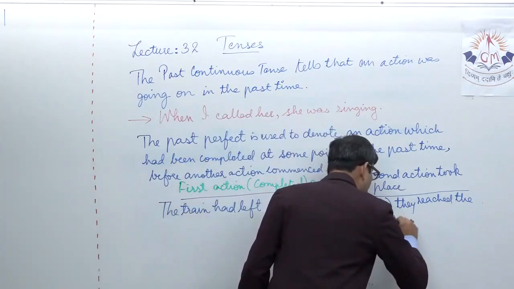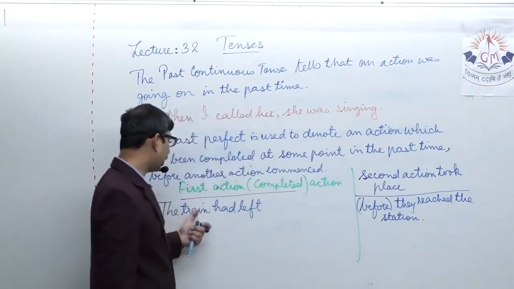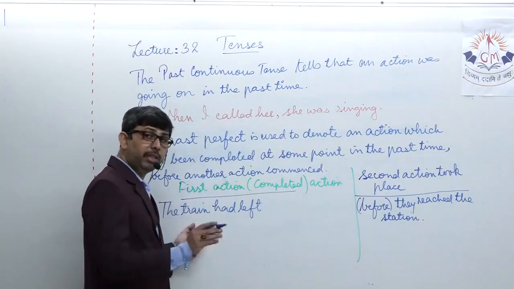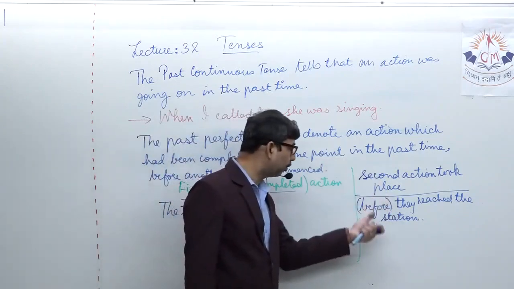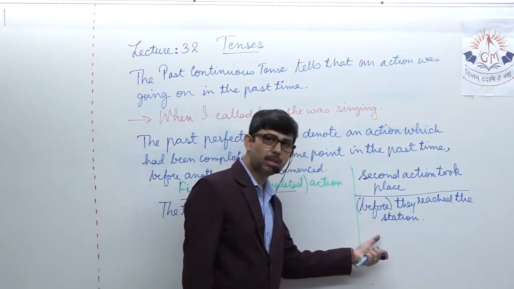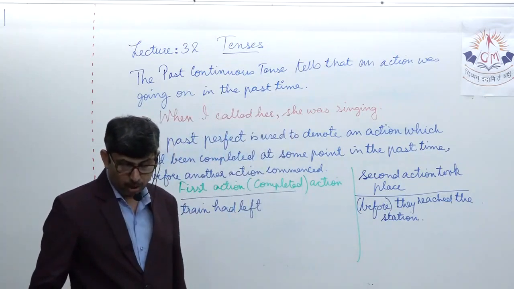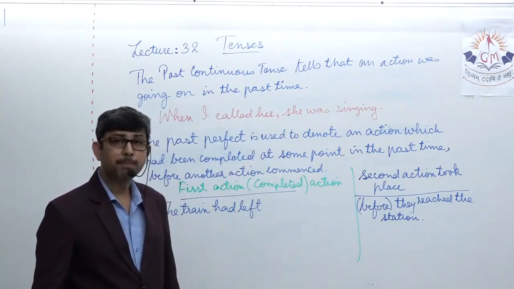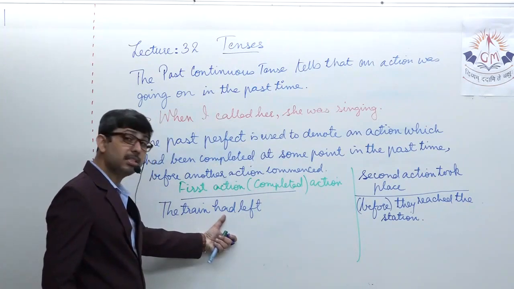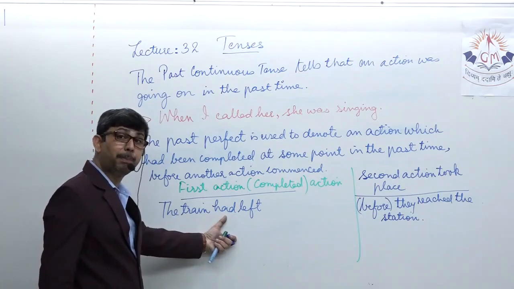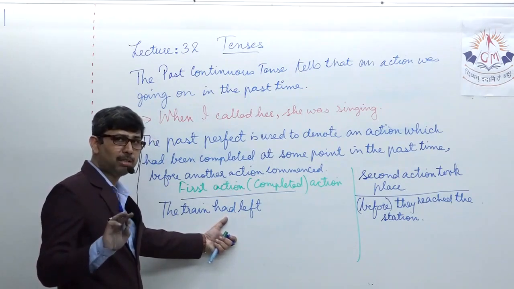We have two different actions. Clear? A completed action, that is the leaving of the train, it has already completed, and a subsequent action followed, before they reached the station. So keep these two things in mind. This is how we use the past perfect tense. You can very well see had left. Had is the auxiliary verb. Remember, for the present perfect we used one of the two auxiliary verbs, has or have.